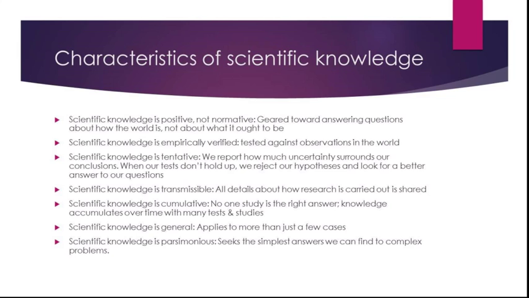Sixth, scientific knowledge is general. As I said earlier, we're not interested in just explaining why Al-Qaeda attacked the United States. That's not a very interesting question to a political scientist. Much more interesting are more general questions. How do terrorist groups choose targets? Is terrorism effective? Under what conditions is terrorism effective?